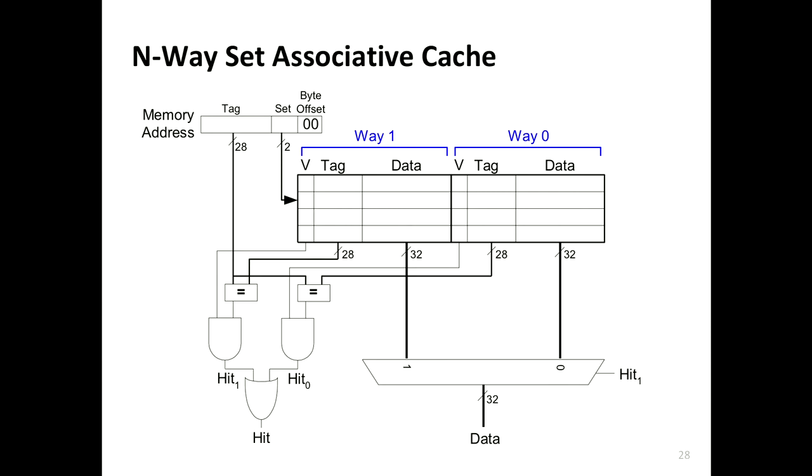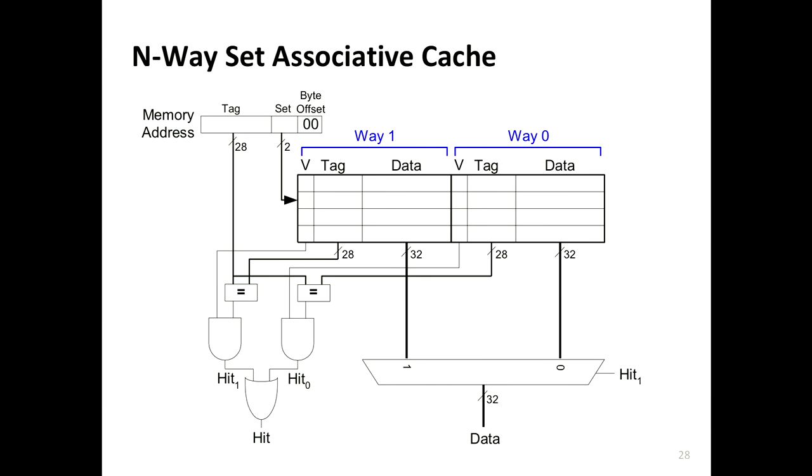But now it's a 2-way set associative cache, which basically means that in one single set, you can store two blocks of data, which reduces the number of sets in the cache to 4. That's why you have this difference out here.